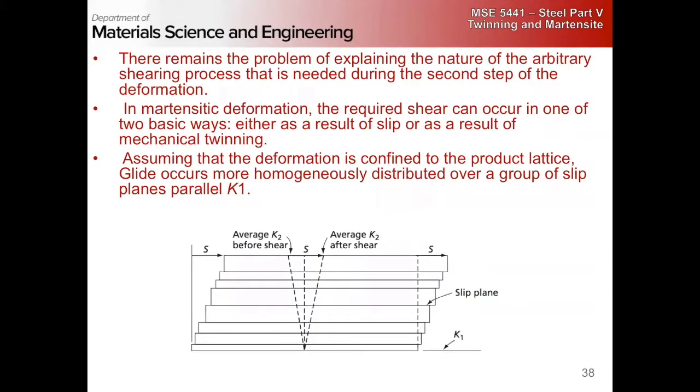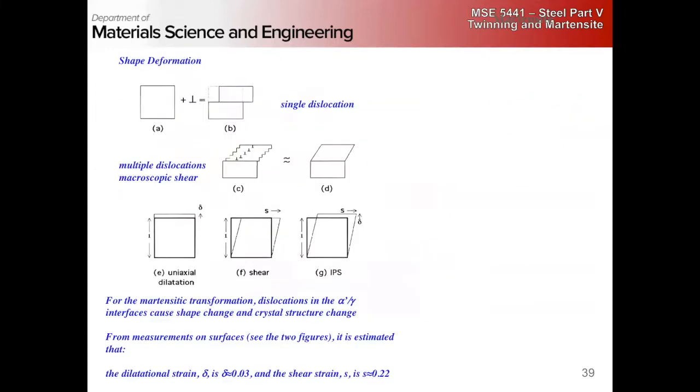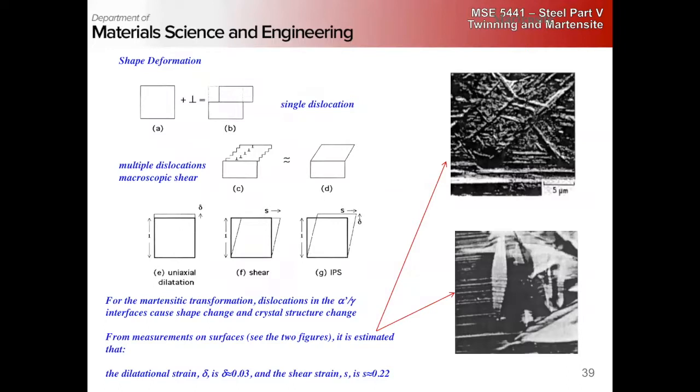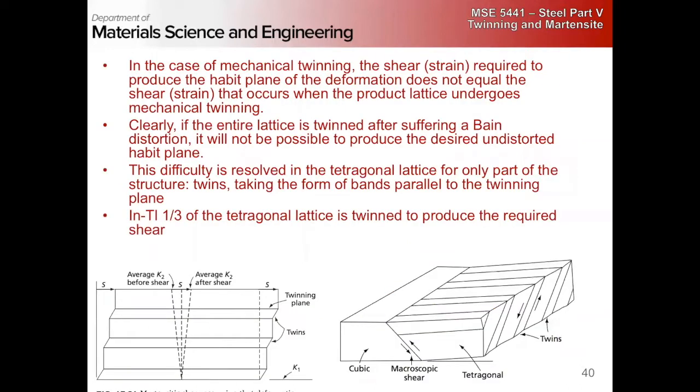And then we said that we have this arbitrary shearing process that we need during the second step. There are two ways we can accommodate this shear: either by slip on many parallel slip systems, in which case we have slipped Martensite, and we do see experimental evidence of that, or through a series of twins, in which case we have twin Martensite.